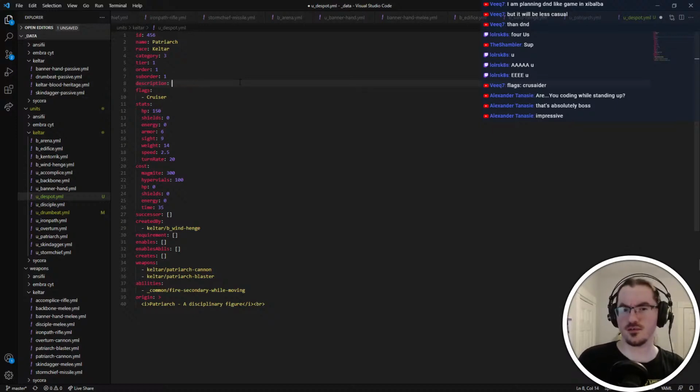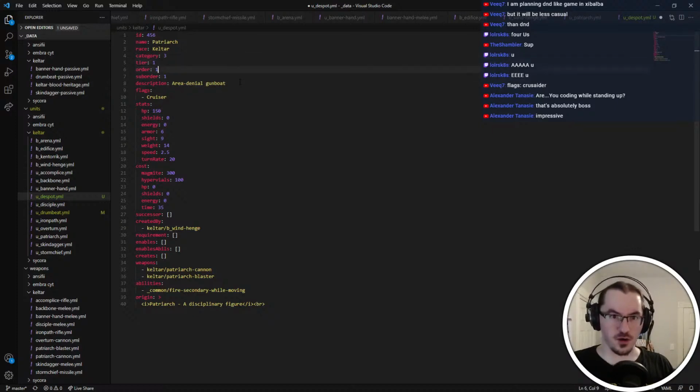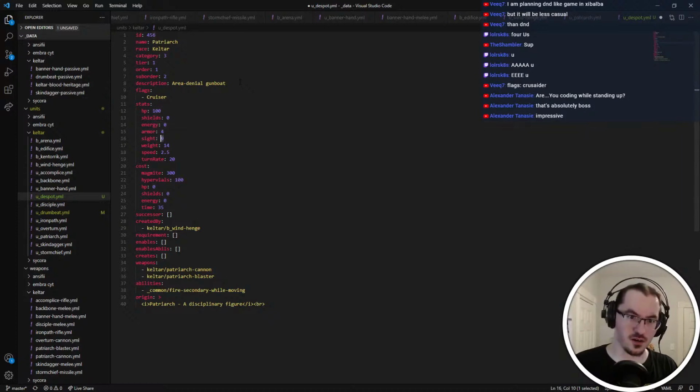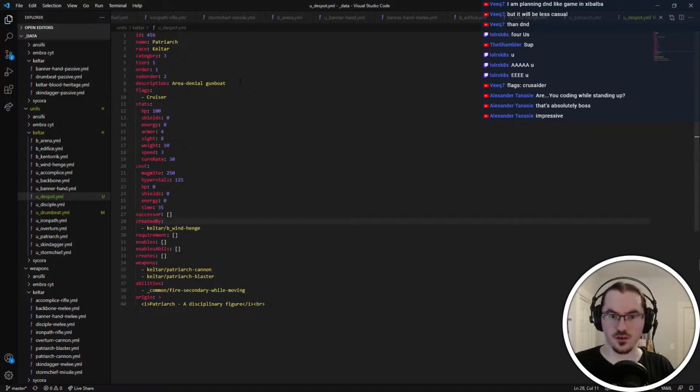Expansive... Well, we could say, call this one an area denial gunboat, which sounds eerily similar to something I've already notated elsewhere. Oh, wait, no, that's fine, I think. Yeah, that's fine.